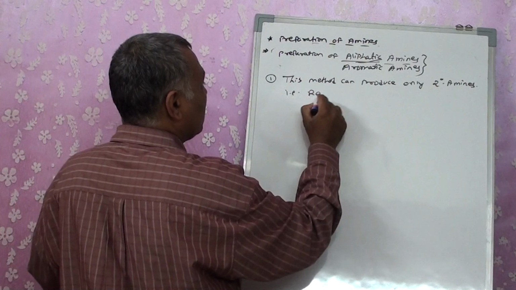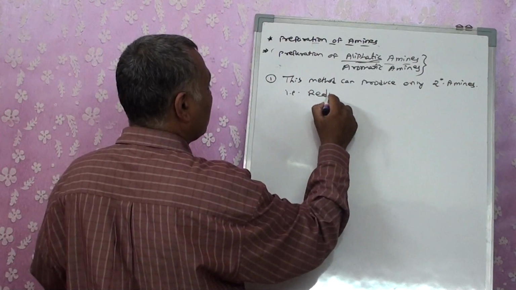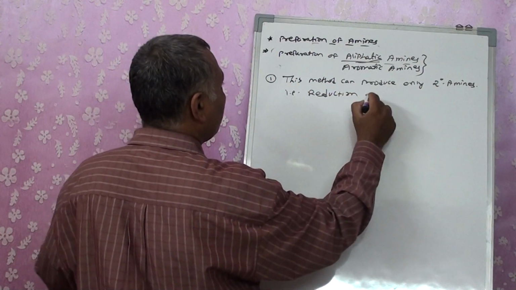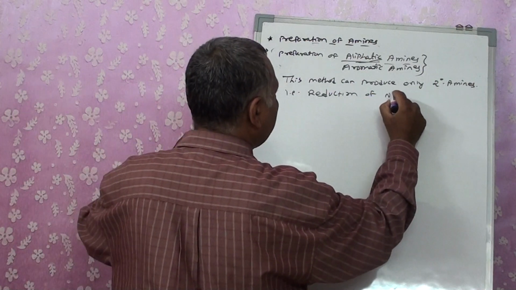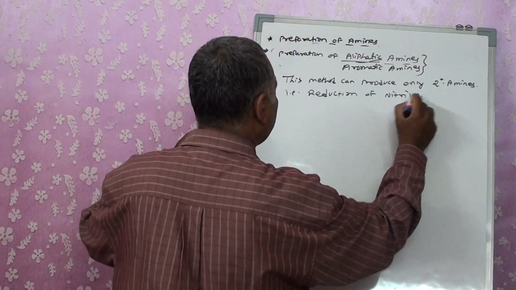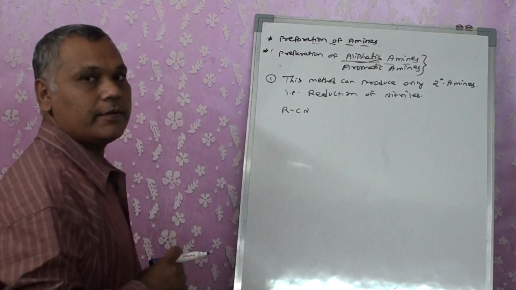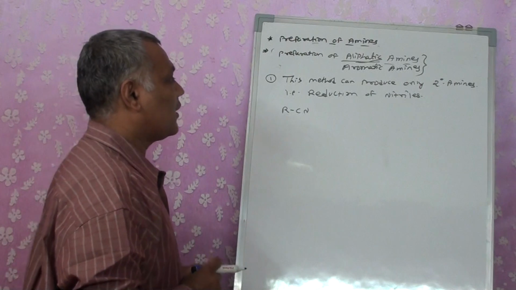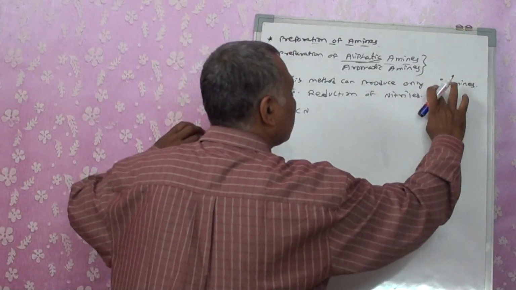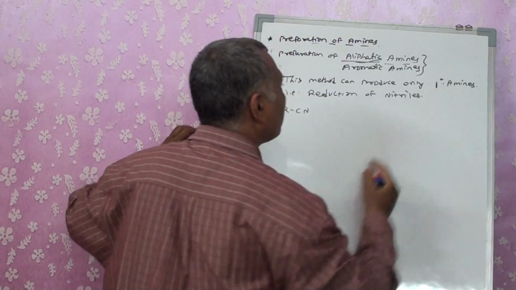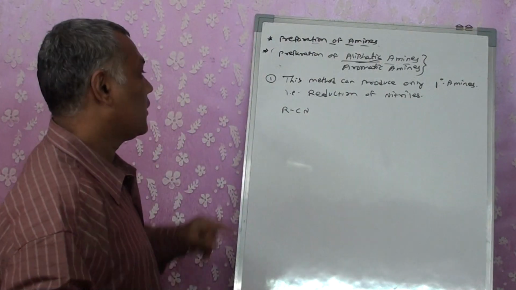That is reduction of nitriles, RCN. This RCN, not secondary, can produce only and only primary amines, right?